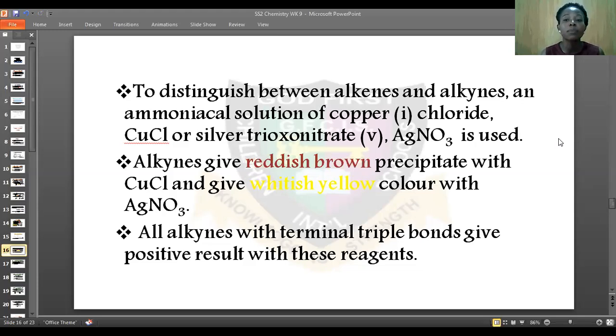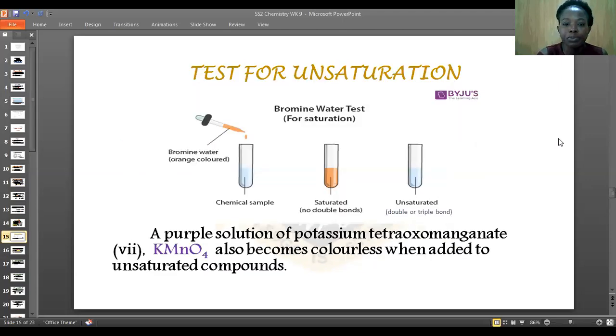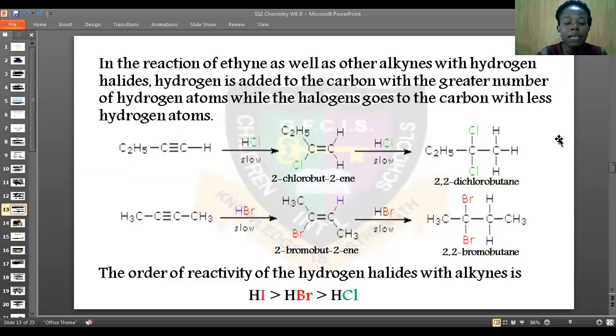Hope we are following that. But if you react the alkenes with this substance, there will be no reaction. The color will remain unchanged. But most especially, you should know that this applies to alkynes with a terminal triple bond. Let me explain it. Now, this is a terminal alkyne.